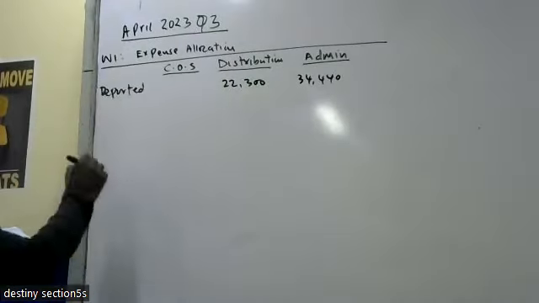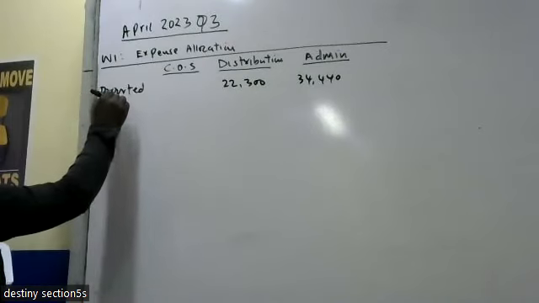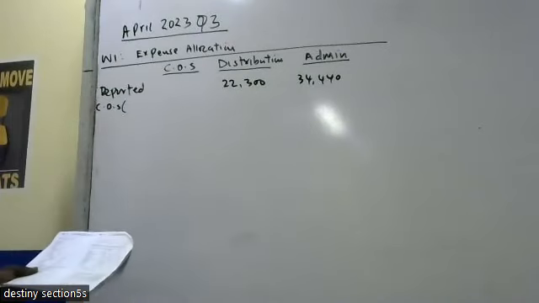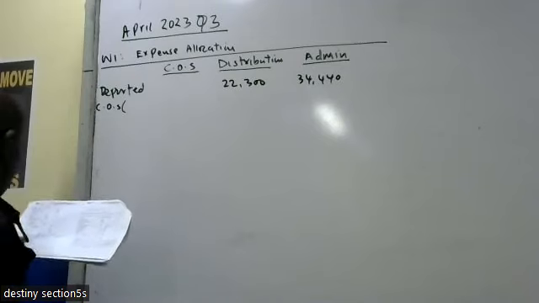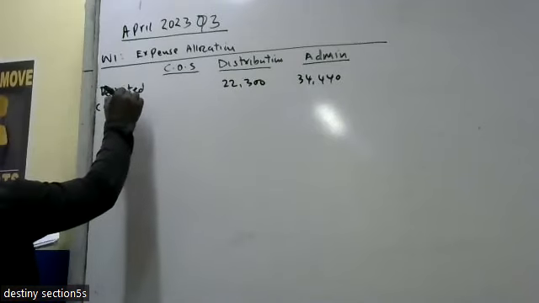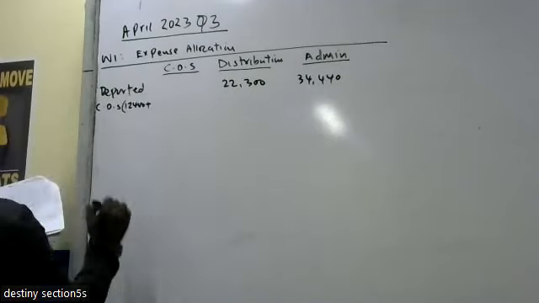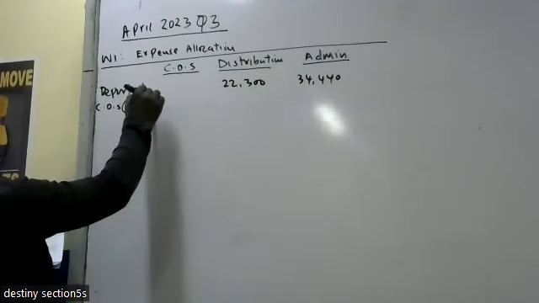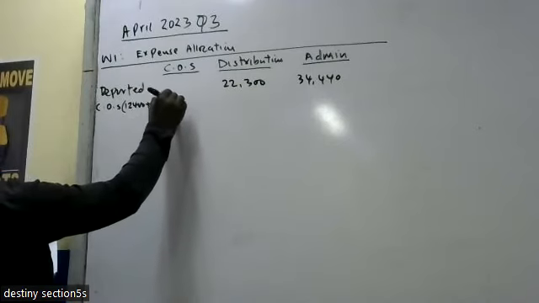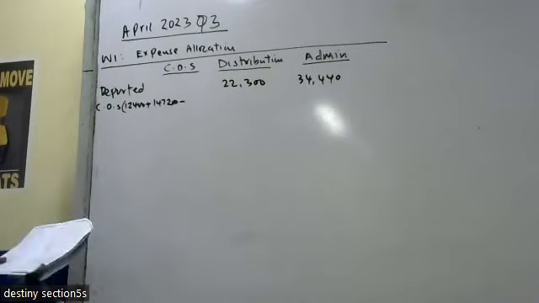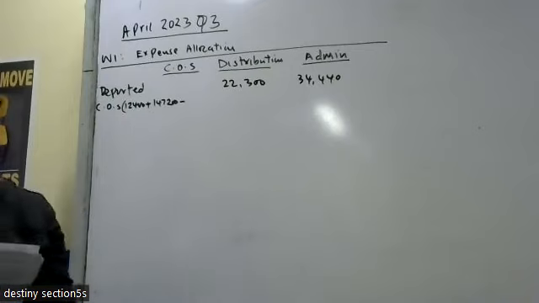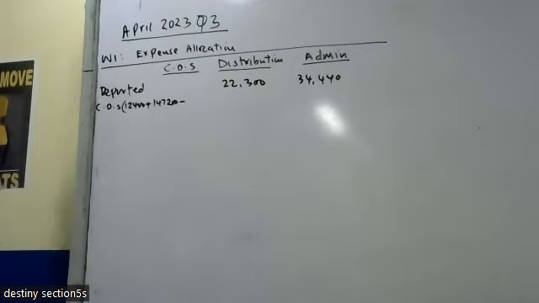Cost of sales, COS, let's take opening inventory. Opening inventory, I saw 12,400, plus purchases 147,200, minus closing inventory. There is a lot here. Check note one.